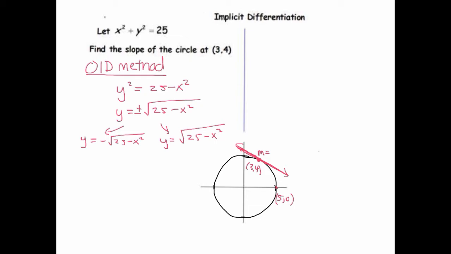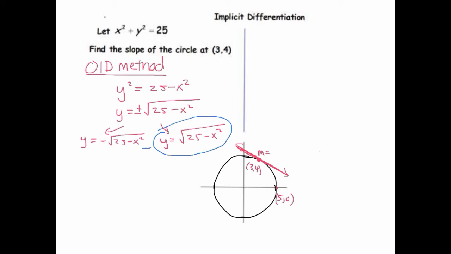Now if we want to continue with this problem in terms of finding the derivative, we're going to have to ignore the fact that we came up with two equations. We don't care about the bottom half, so we focus on the equation that represents the top half.